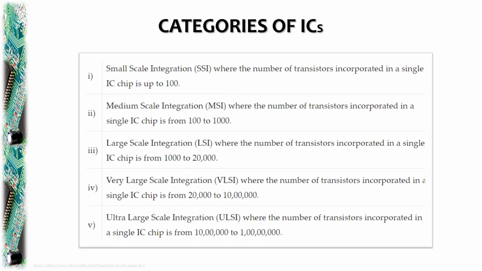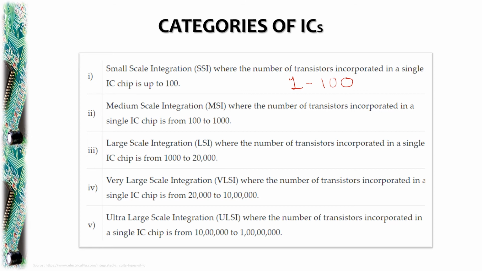So how does this categorization happen? If the number of transistors in a single IC is up to 100, that is, 1 to 100, then we call it small scale.